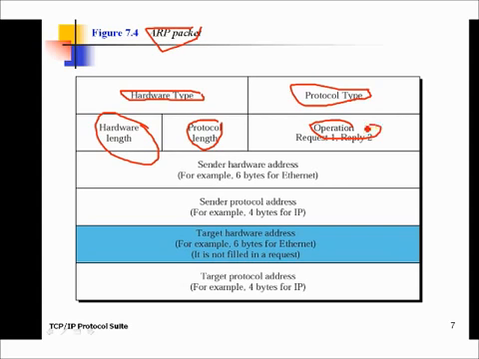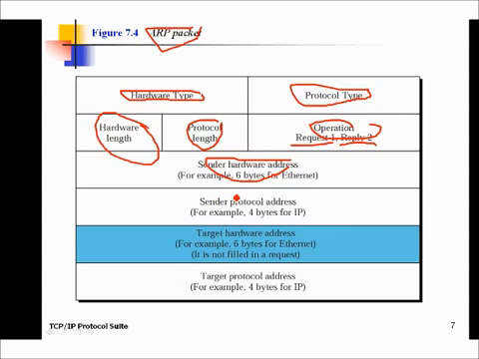Operation. This is a 16-bit field defining the type of packet. Two packet types are defined: ARP request, number 1, and ARP reply, number 2. Sender hardware address. This is a variable length field defining the physical address of the sender.